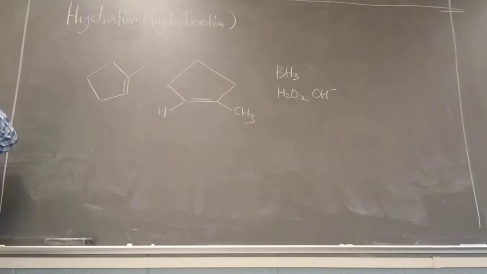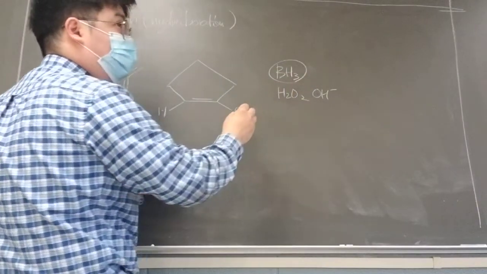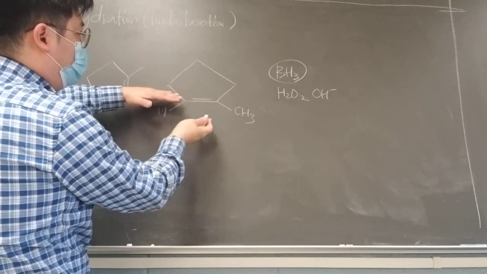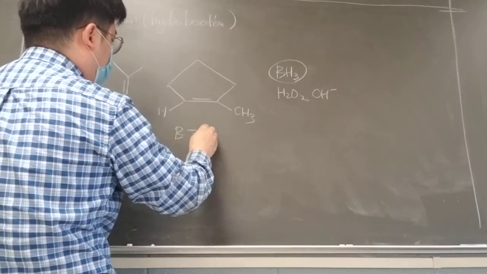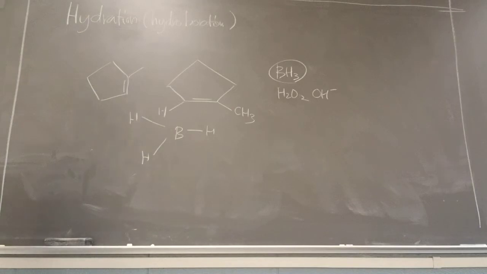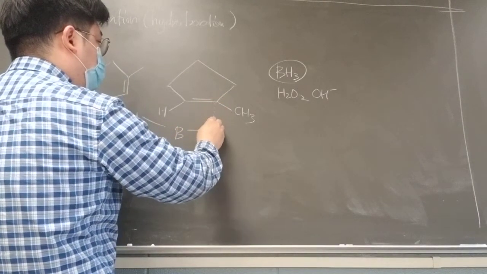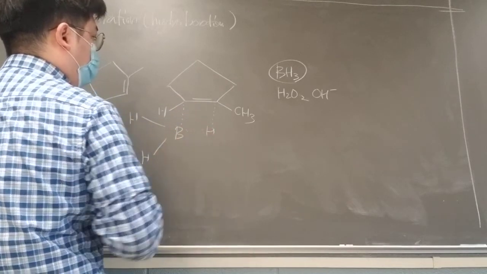So what you can do is try to use this borane first. It comes in, so they come in like in one face of this double bond here. So they come in this way. And what happens is they'll do some attack here and here, and also they kind of break this one over here.